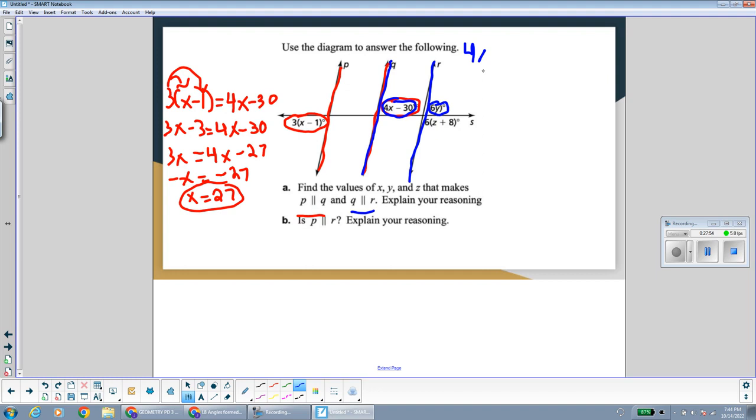So 4x minus 30 would be equal to 6y. Oh no, we have two different variables in this equation. We already know what our x value is. We found it before.